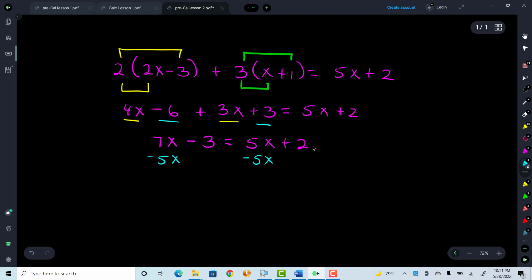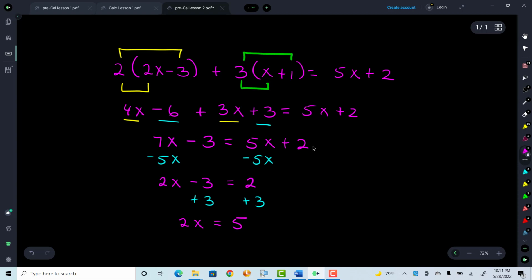Now I could have subtracted 7x. I chose to subtract 5x because I like my x to be positive. So we get 2x minus 3 equals 2. So now I'm going to add 3 to both sides. Again, I want to get all the x's to one side and all the numbers to the other side.